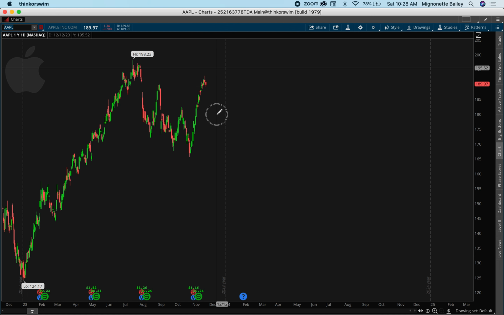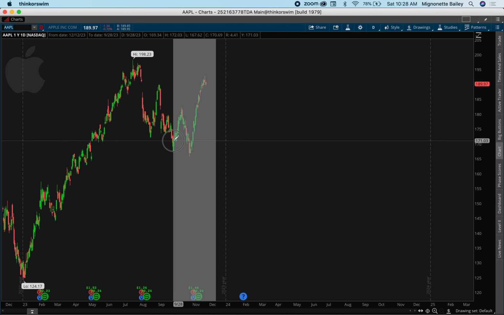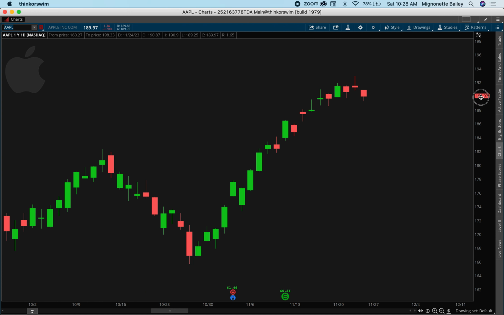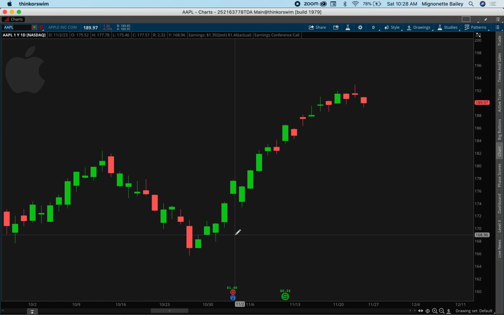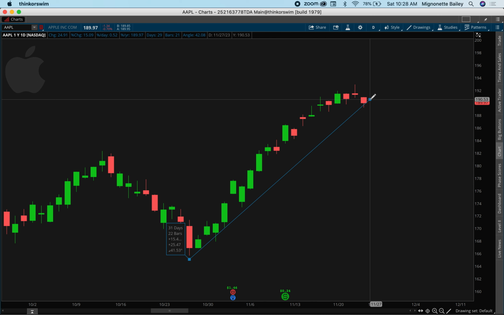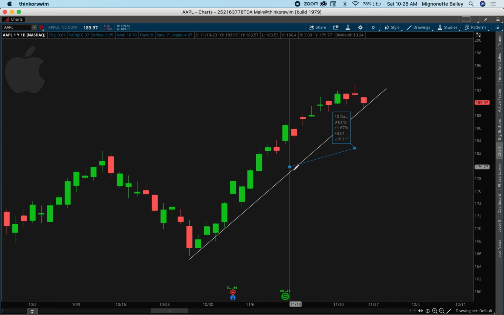So what I do on Apple, I want to look at the daily chart just like we did on SPY, and use my trend line again. Apple is pretty much on this uptrend right here, for the most part. Now, I used to focus on having to touch every single candle and all that.